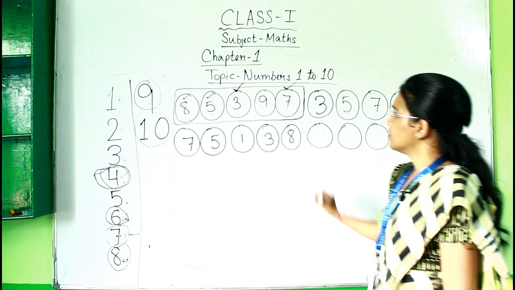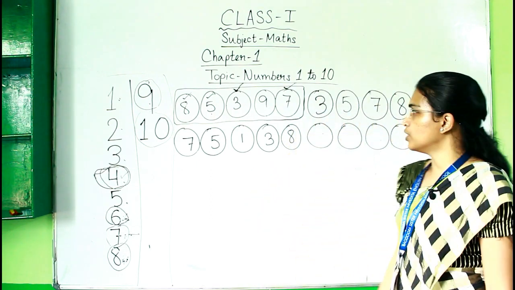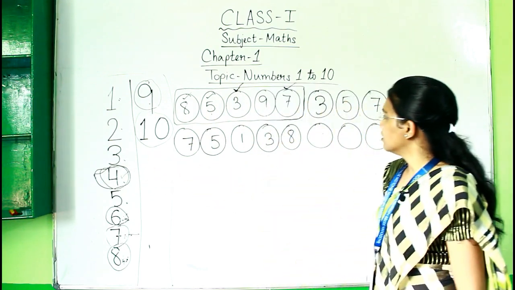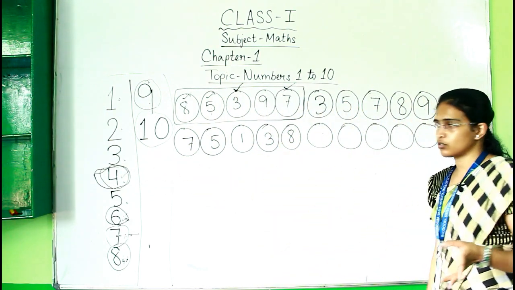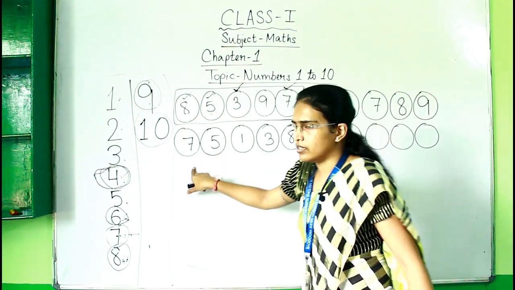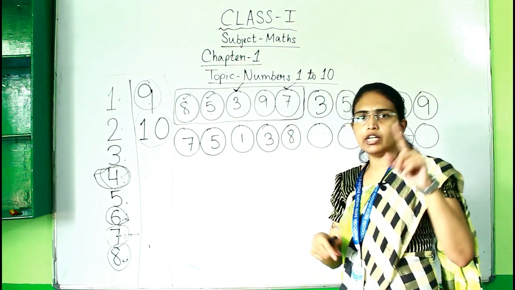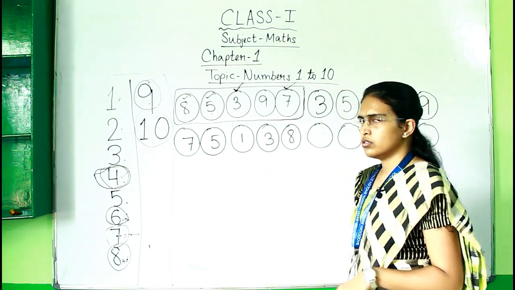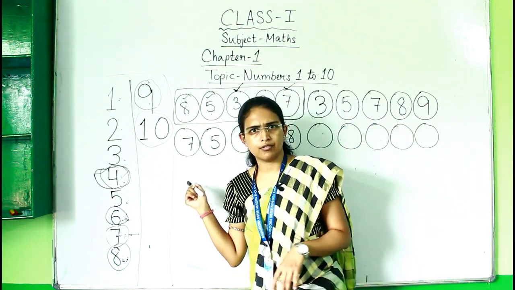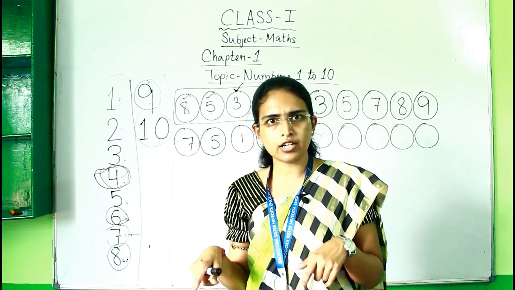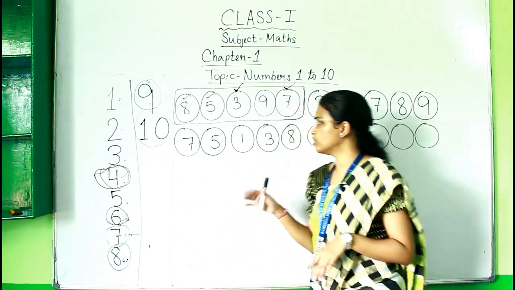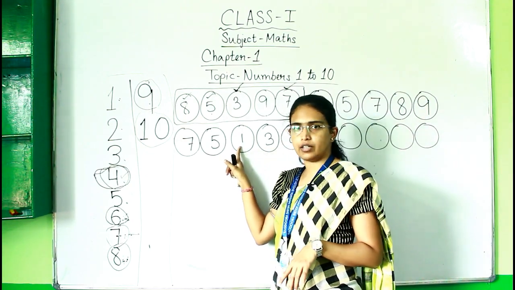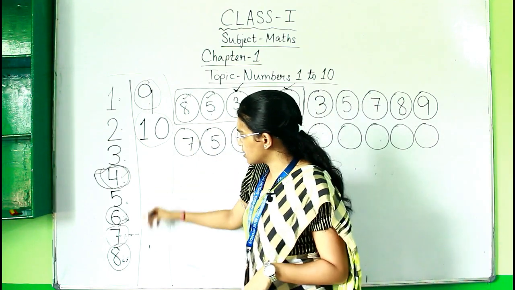Now for that we have to look at the chart and see which number comes first. Which number comes first? 7? When we write from 1 to 10, do we write 7 first? No. Then 5? We write 5 first? No. Then which number do we write first? Number 1. So look here. Where is number 1?